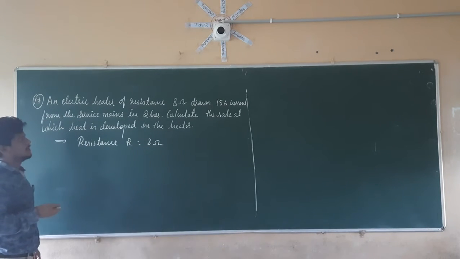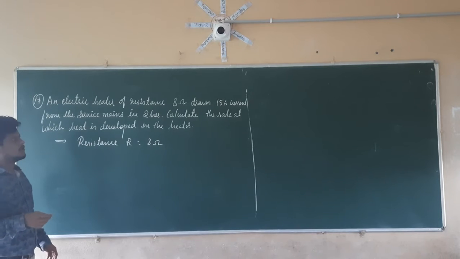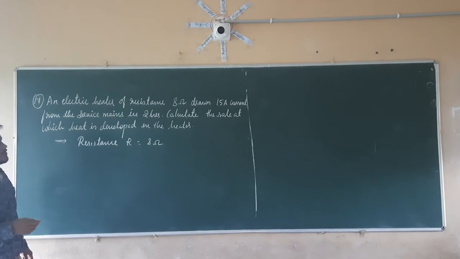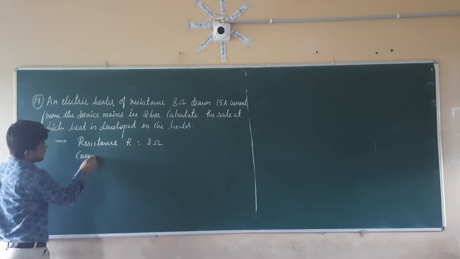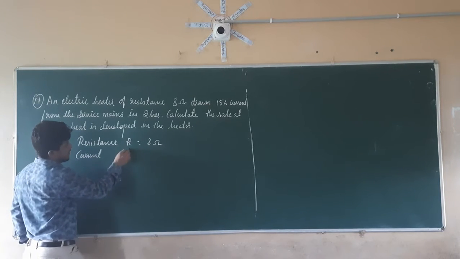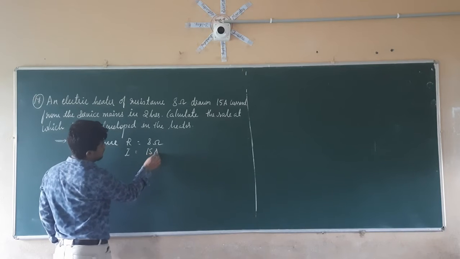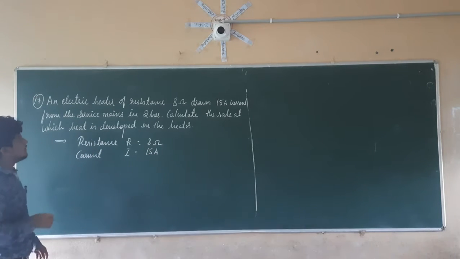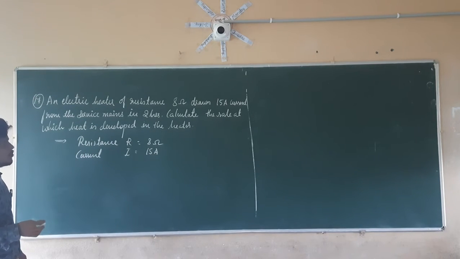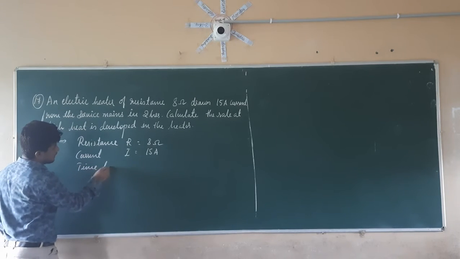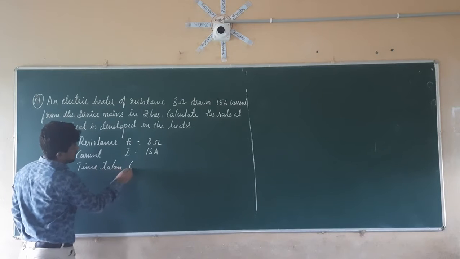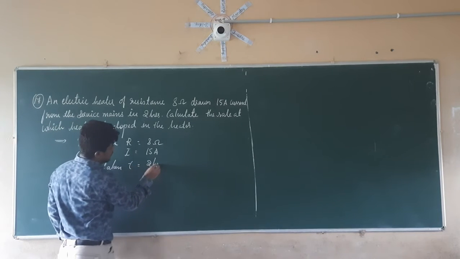Then what they are given here? They are given that current drawn by that electrical heater is equal to 15 amperes. So current I is equal to 15 amperes. Then from the service mains in 2 hours, they are given the time taken, T, which is 2 hours.